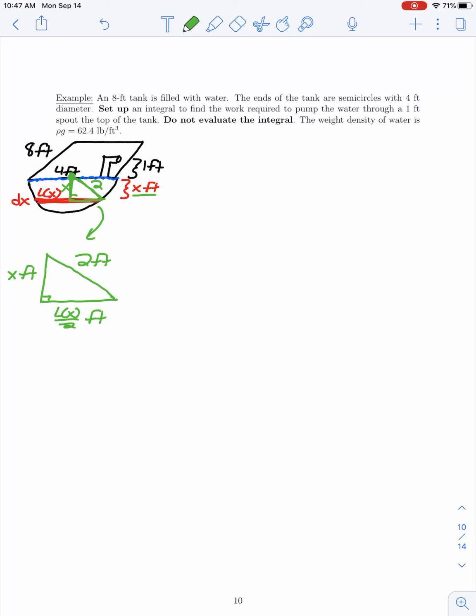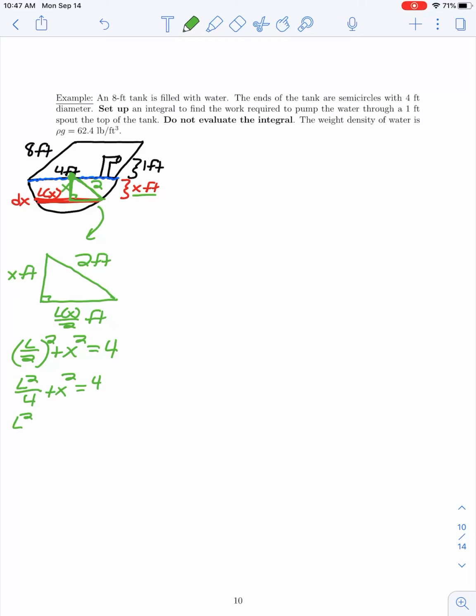Now I can see that this is a right triangle, so using the Pythagorean theorem, I could solve for L. So let's take a look at it. We would have (L over 2) squared plus x squared is equal to the hypotenuse squared, which would be 4. So squaring this, I have L squared over 4 plus x squared is 4.